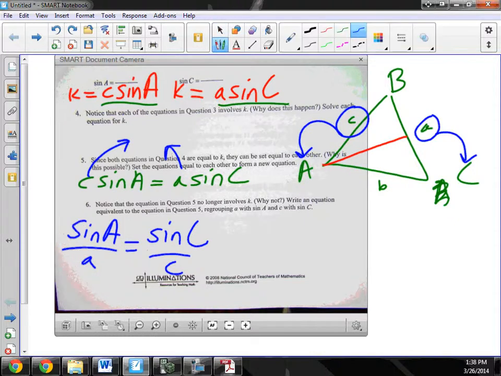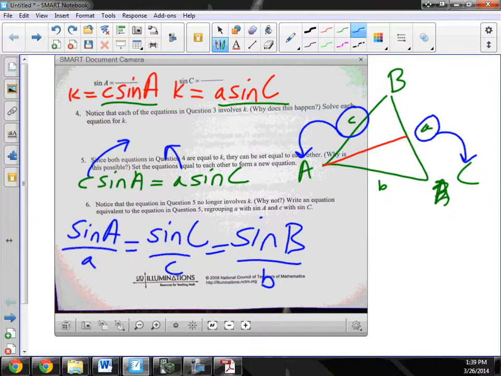And actually, all three of those ratios are the same. So if you take an angle, take the sine of that angle and divide it by the opposite length, that's equal to the sine of any other angle divided by the corresponding opposite length.